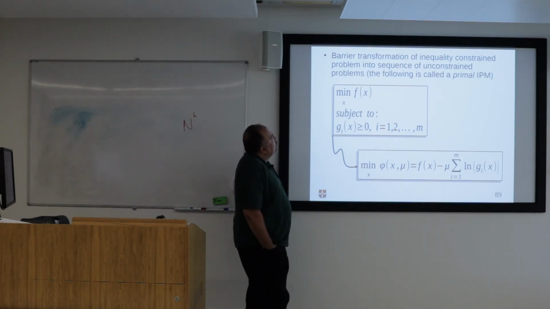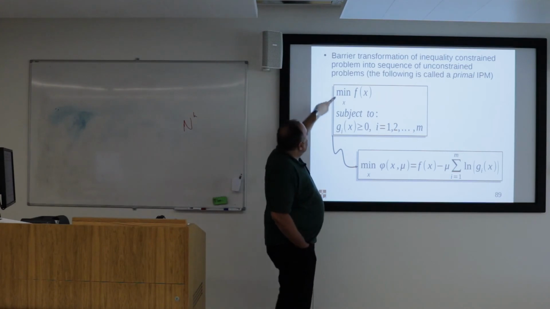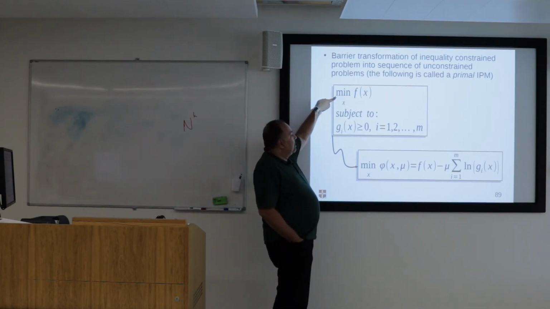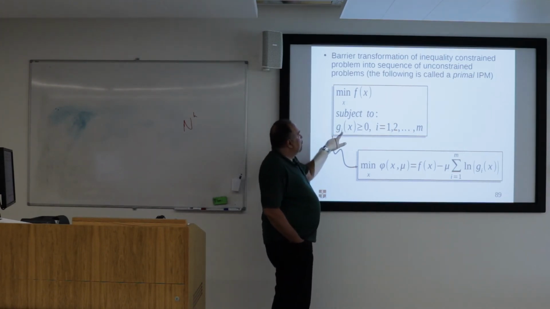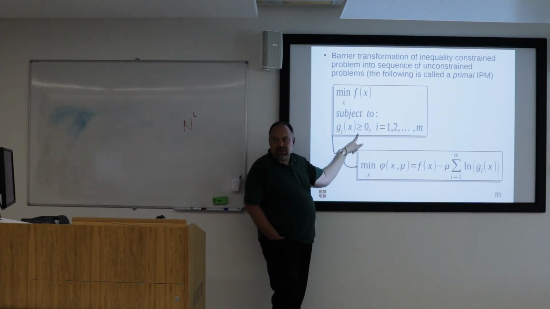of an inequality constraint problem into a sequence of unconstrained problems follows this logic. Let's say we have an objective function f of x, and we have inequalities g_i greater than 0.